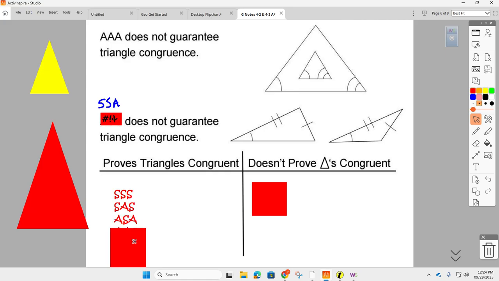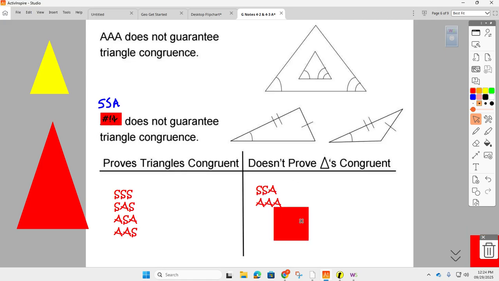The side is in between the two angles, that's the included side. And even angle, angle, side, with a non-included side. We can use those shortcuts to prove that two triangles are congruent. What we can't use is SSA and AAA. Okay? Does that make sense, Charlie?